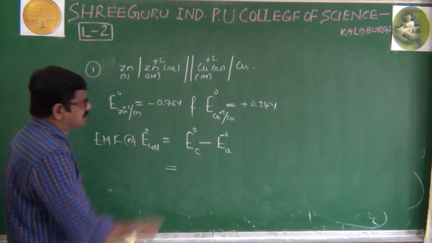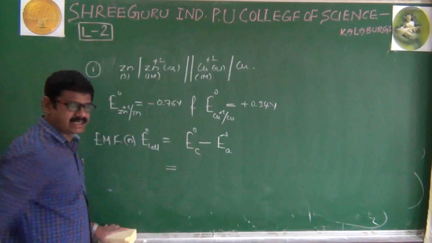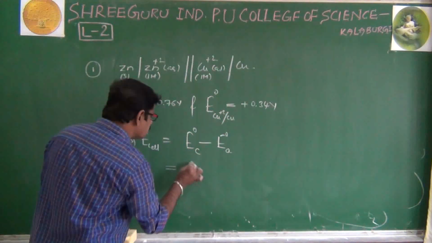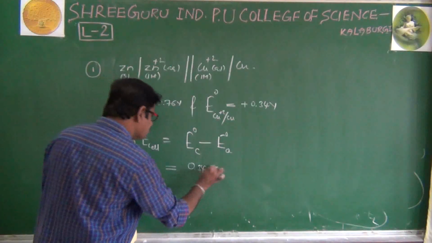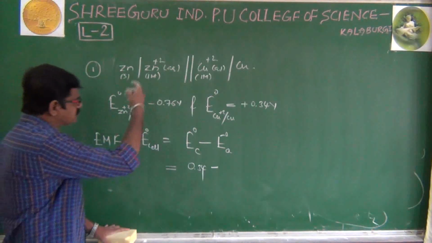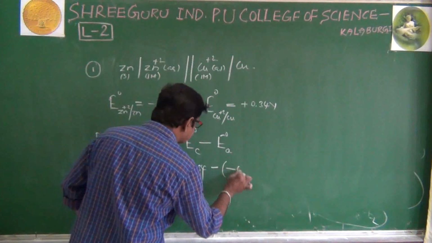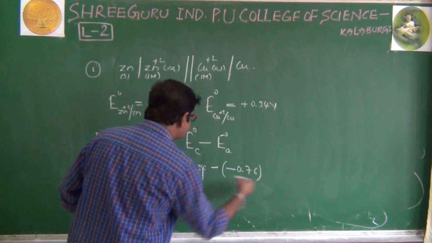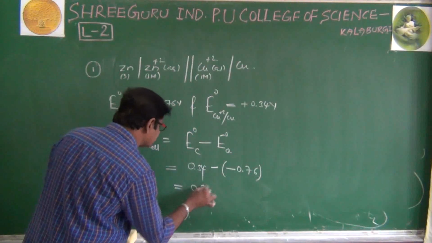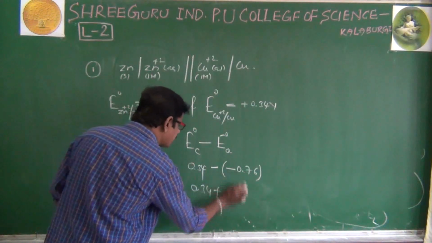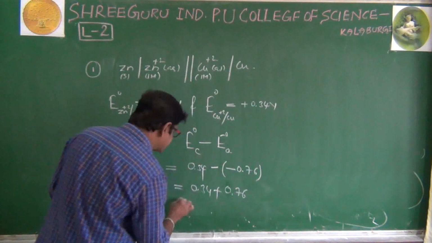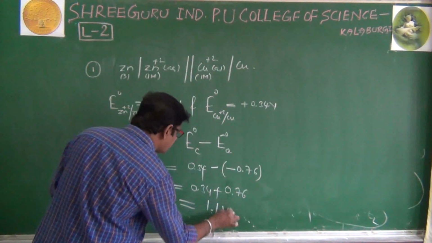E naught cathode is nothing but the right side electrode whose value is 0.34 minus, and the left electrode value already has a minus sign, therefore minus of minus becomes plus: 0.34 plus 0.76, and its net value is 1.1 volts.